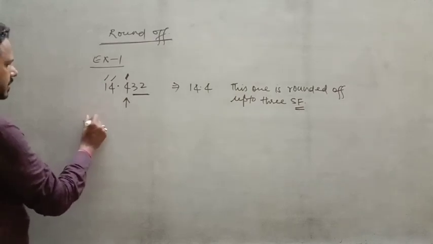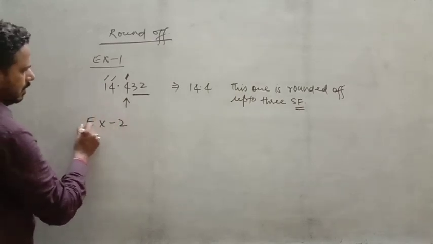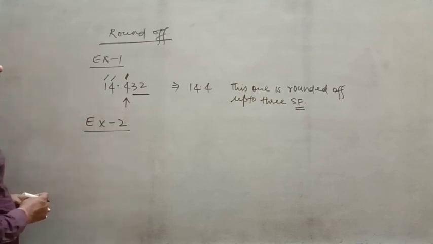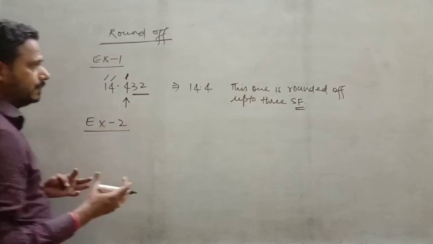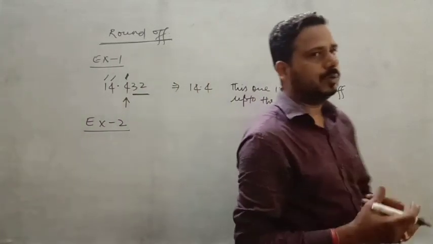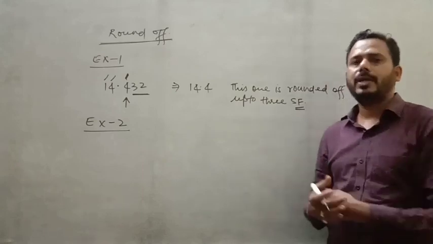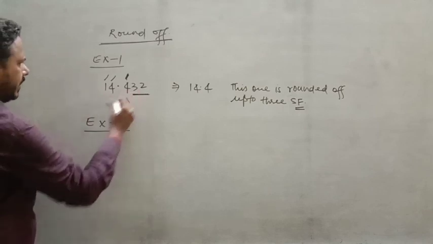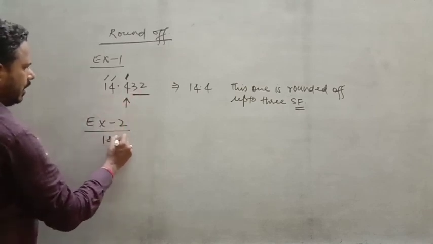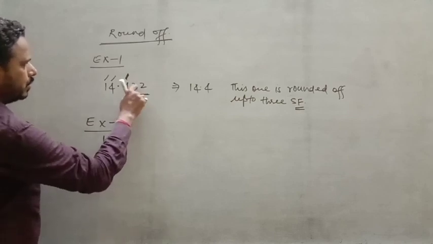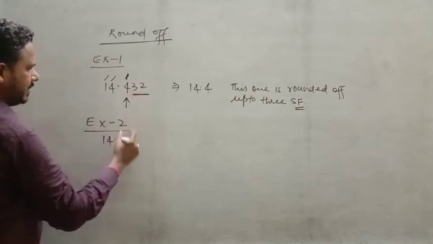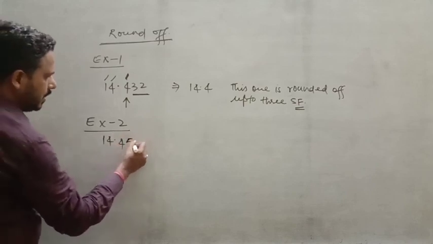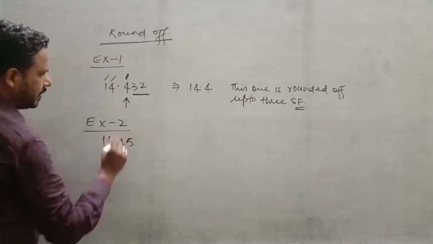Next example and next rule. Here I am going to take a different number, and we have to round off again up to 3 significant figures. Now everything is the same, just like 14.4, but right now I am going to change it, and suppose this one is 5 and the next one is 0, or nothing is there.